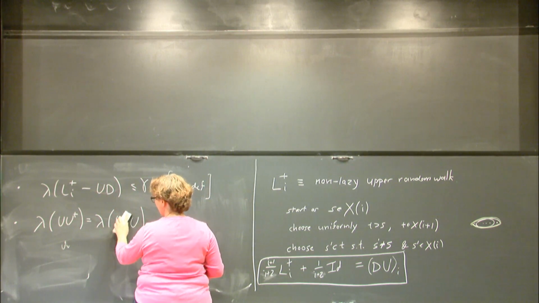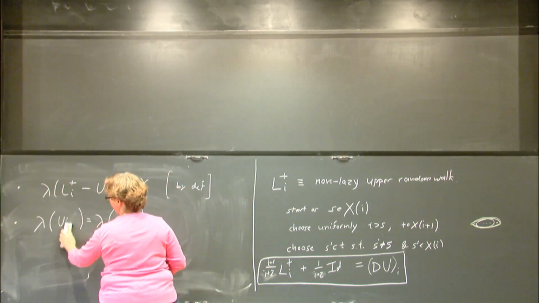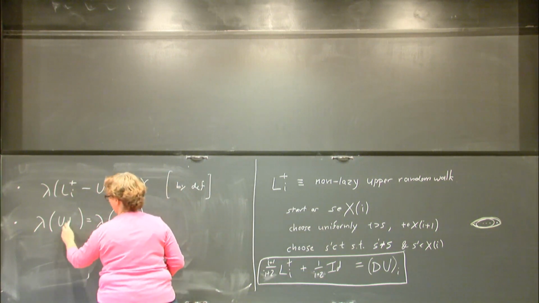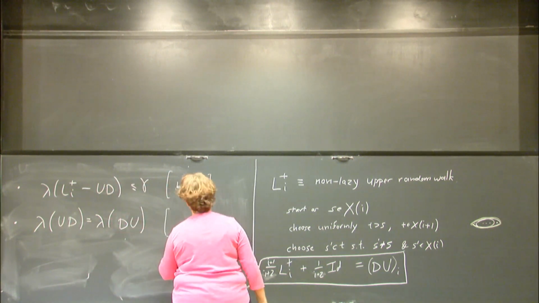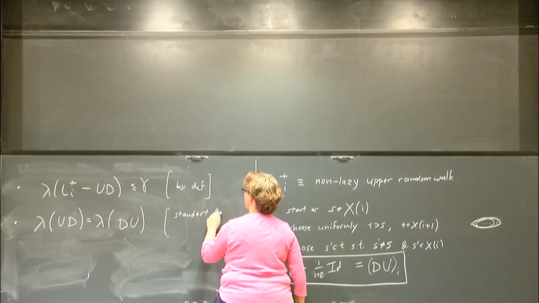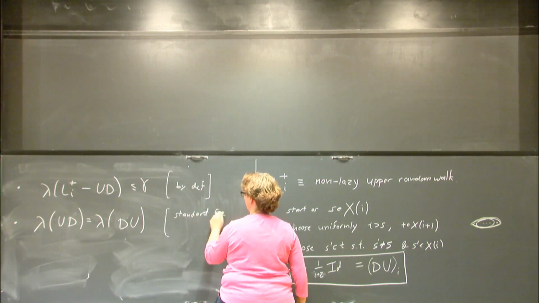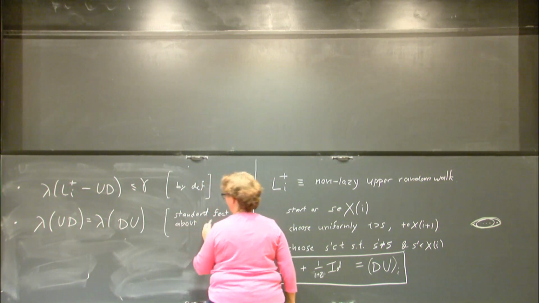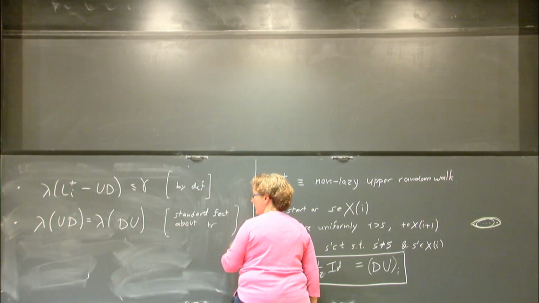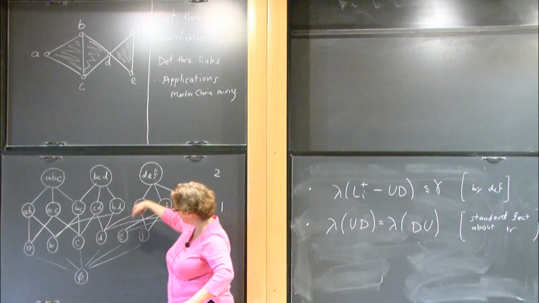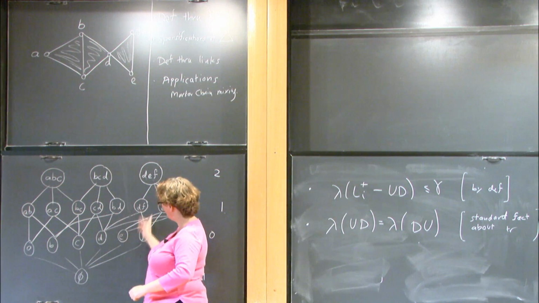In our case, instead of u transposed, I'm just going to write the down operator. This is a standard fact about a transposed: the spectral gap going this way is the same as the spectral gap going this way.